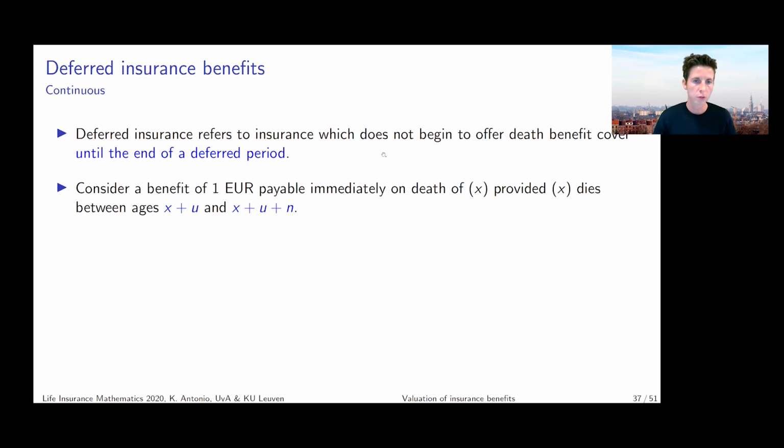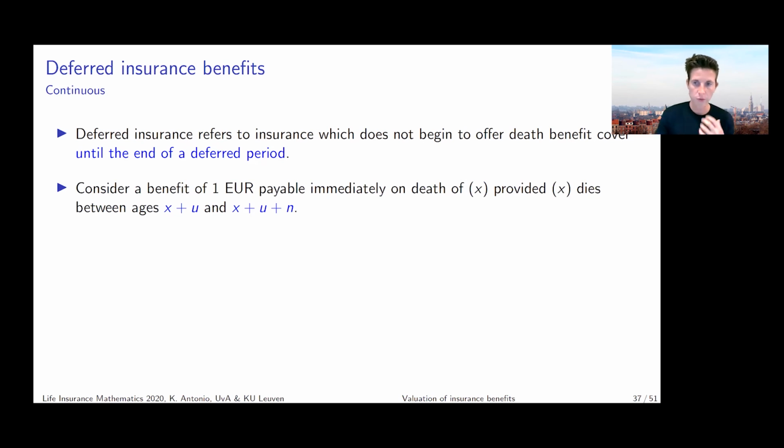So what we're going to consider here is a benefit of €1 that is payable on the death of x, provided that x dies between ages x plus u and x plus u plus n. So this u in the notation is my period of deferment. That's the deferred period, right? So x should first reach age x plus u, and then the death benefit cover will start to be valid.